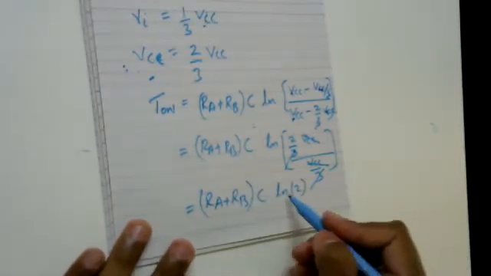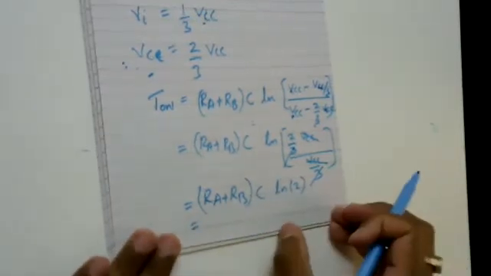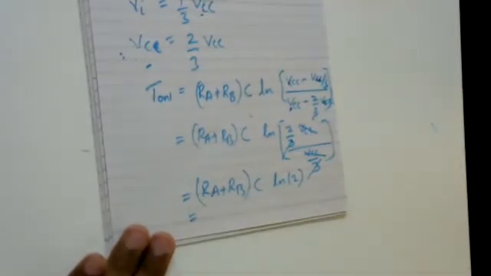What's the value of ln of 2? Give me the value of ln of 2. I hope you have calculators. Yes, good, Supriya. The value of ln 2 is 0.693.